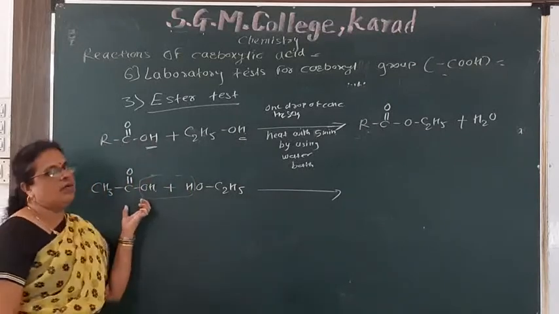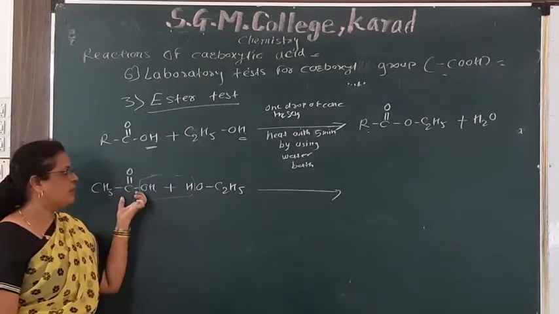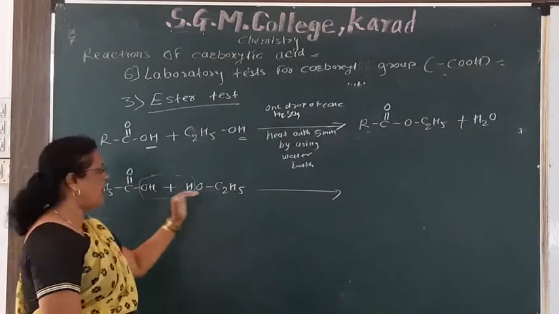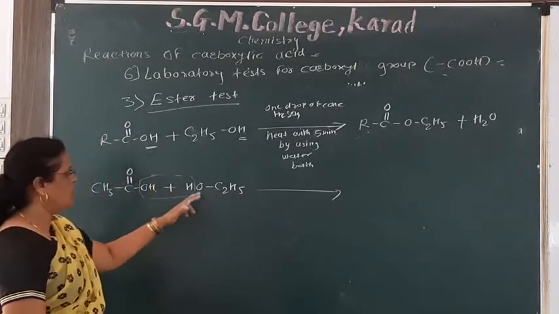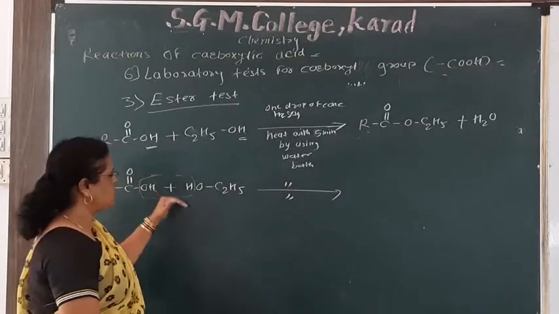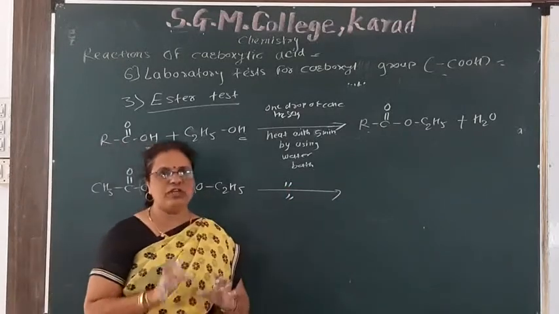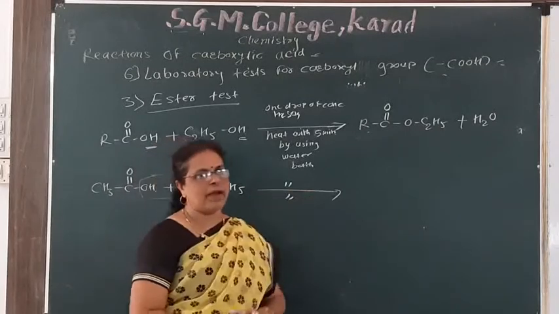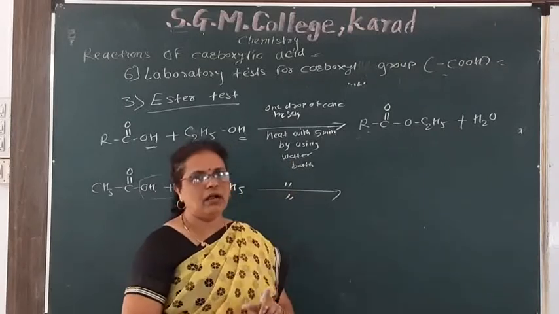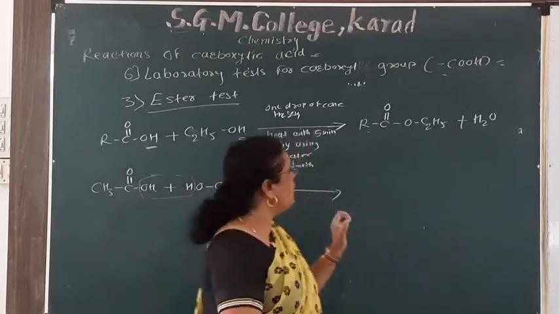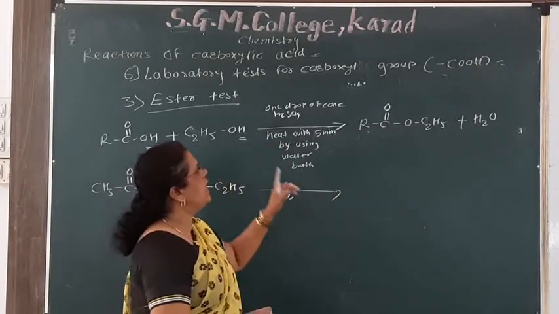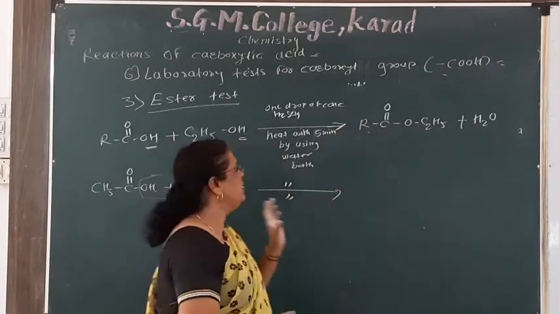This is the organic compound containing COOH group. This mixture of organic compound and ethyl alcohol is taken, and 1 drop of concentrated H2SO4 is added. Then this mixture is heated for 5 minutes using a water bath. Then this hot mixture is poured in a beaker containing water. If we get a fruity smell of ester, this indicates that carboxyl group is present in that compound.